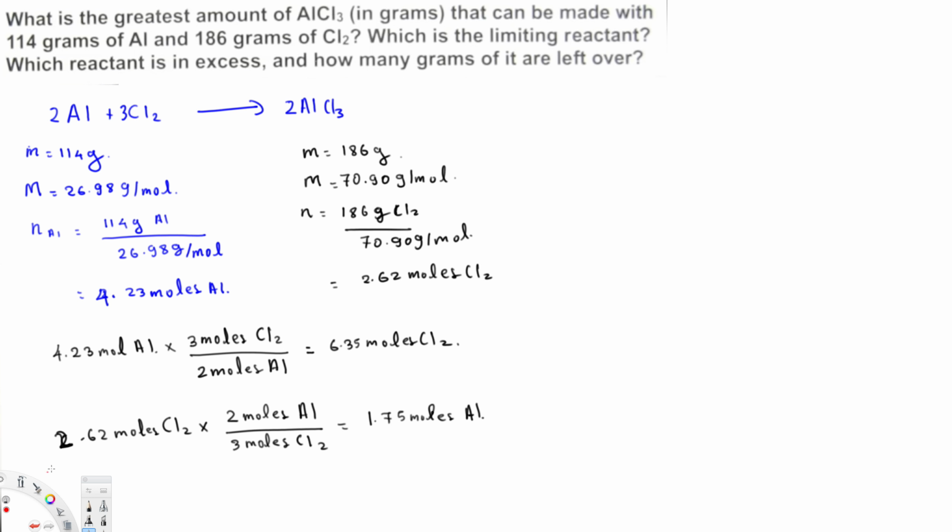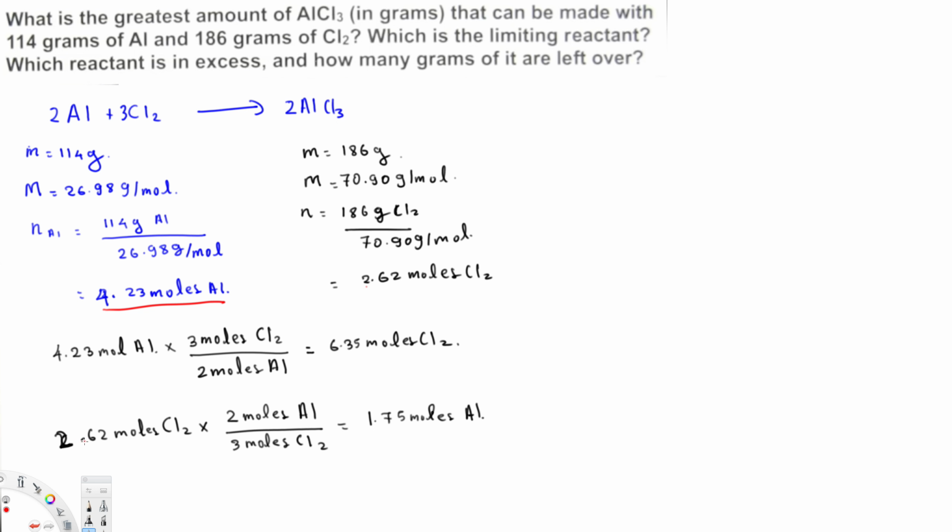The next thing is we have to check whether we have enough to do this. First, we have 4.23 moles of aluminium right here. To finish this one, we need to have 6.35 moles of Cl2. Do we have that? No. So this one doesn't work. So let's analyze the second one.